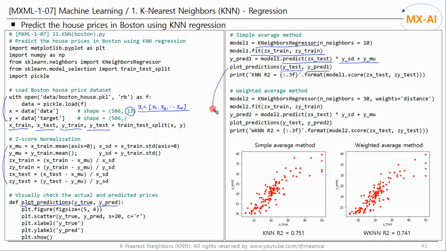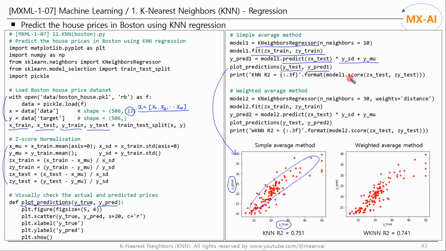The results are as follows. The x-axis represents the actual y values, and the y-axis represents the predicted y values. This result shows that the correlation between the actual y values and the predicted y values is very high. This means that the predictions are somewhat accurate.